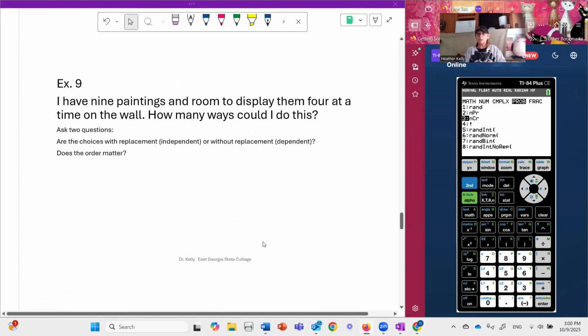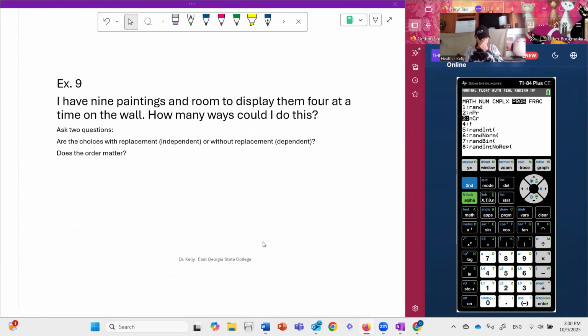Pretty much from this point forward, this one is going to be a combination, but it's important for you to be able to make the distinction. So for the rest of the examples, we're going to ask ourselves a couple of questions. The first question is, is this with replacement or without replacement?